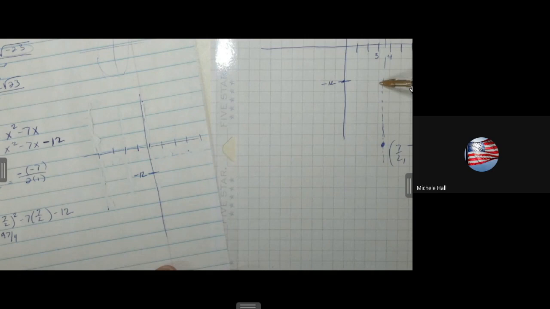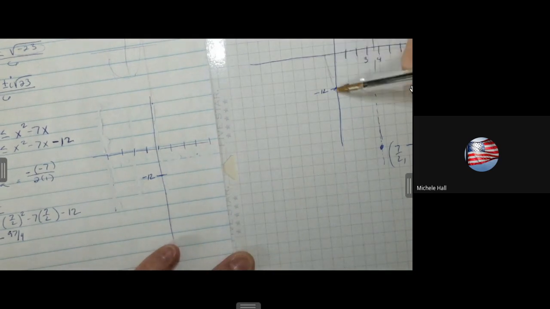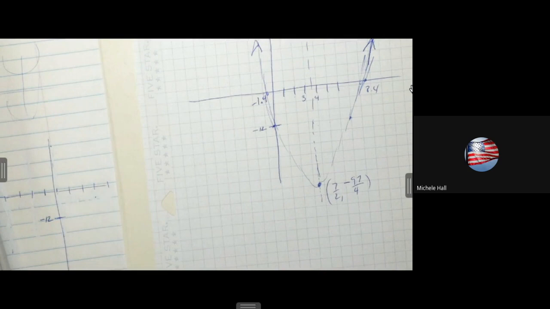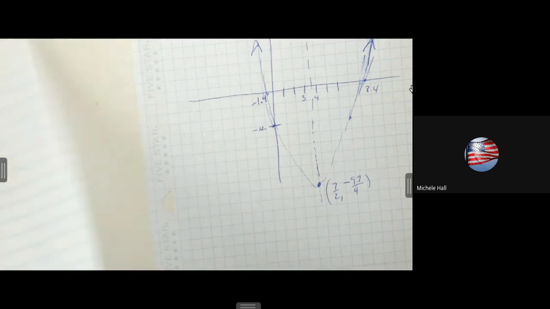1, 2, 3. Well, that's not right. That's 3.5, so half. 1, 2, 3. Are we done with this problem? Yes. We are? What's wrong? You've got to shade, because it says, what does it say actually?